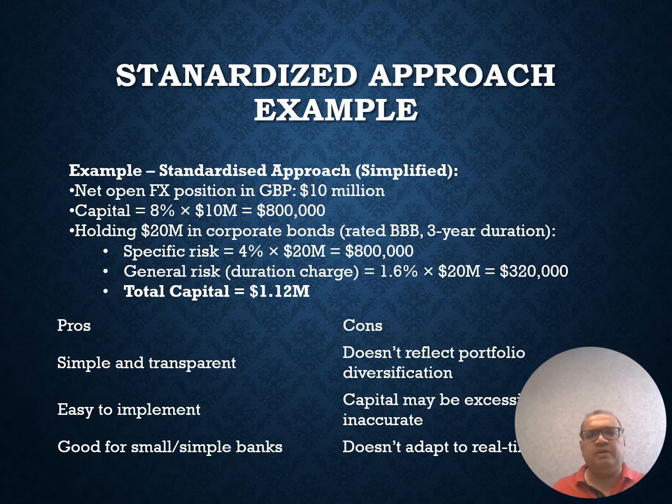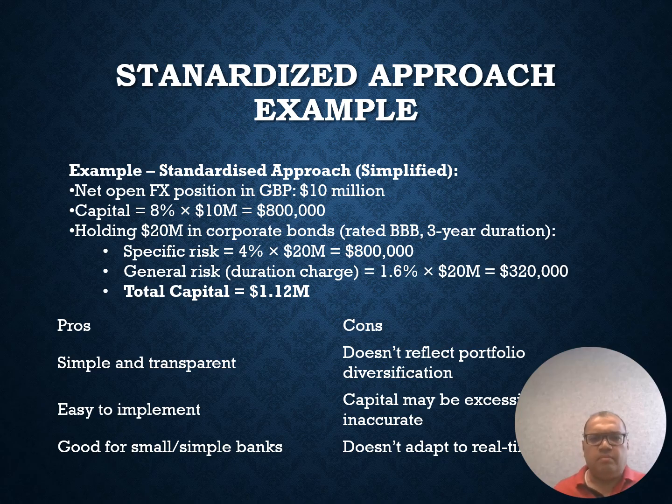Let's go over this example in more detail and in a slower manner. The standardized approach was a simplified approach. You have a net open FX position of GBP 100 million. The capital charge is 8% of 10, which is $0.8 million.